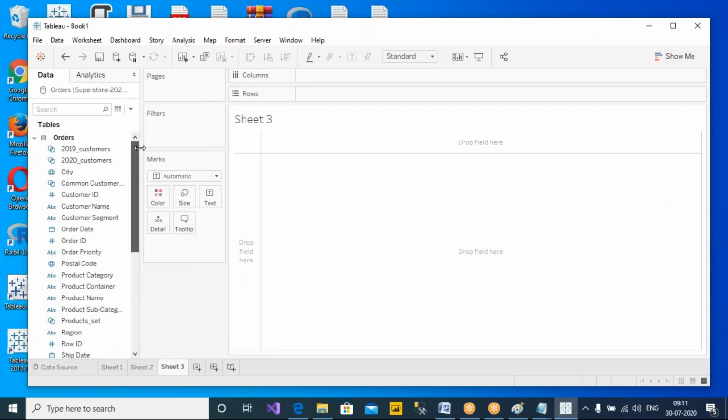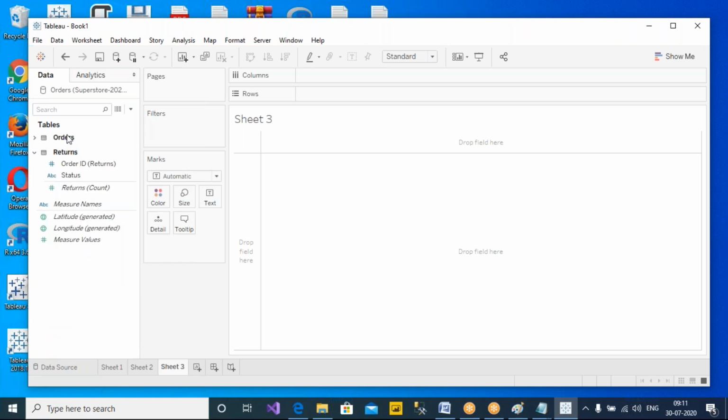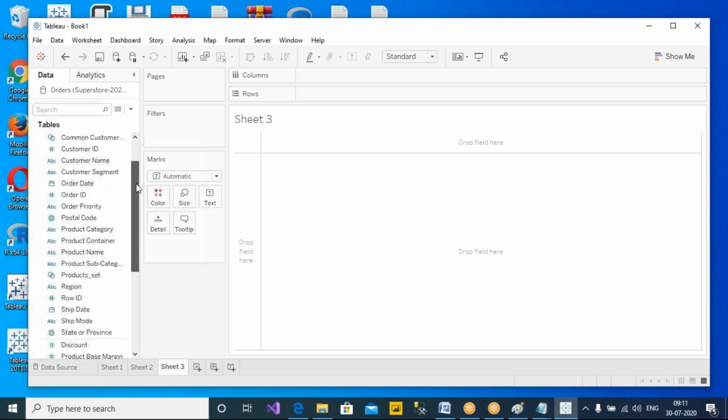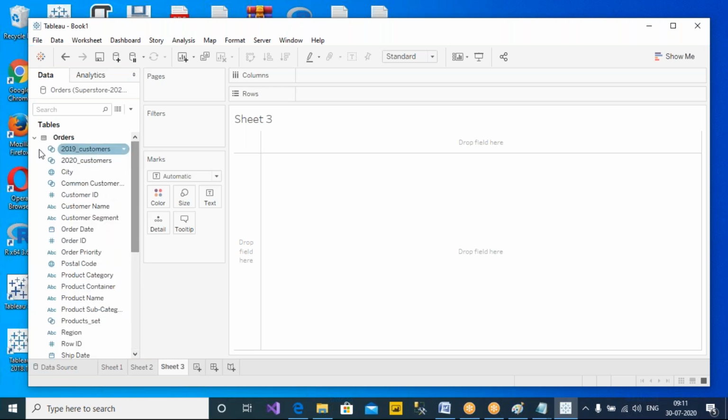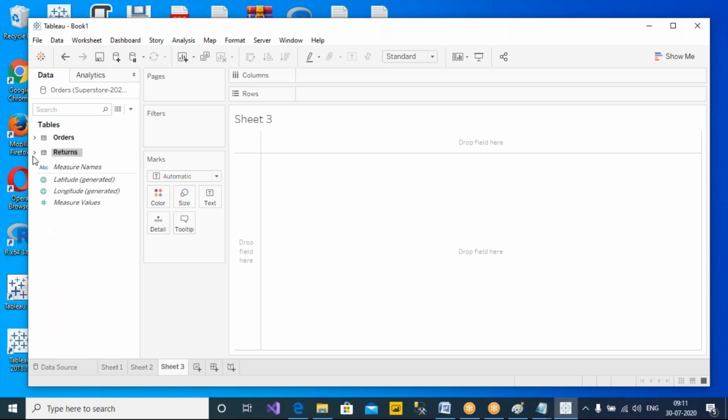Remember, we did not join anything. This is one table, this is another table, and this table's information is here. These are the dimensions, these are the measures, and this is the second table's information with 2 dimensions and 1 measure. So there is no joining, just the tables displayed one below the other like this.